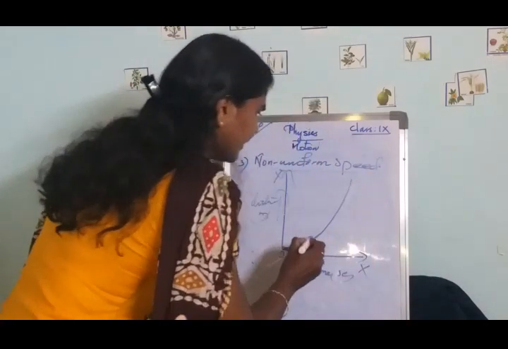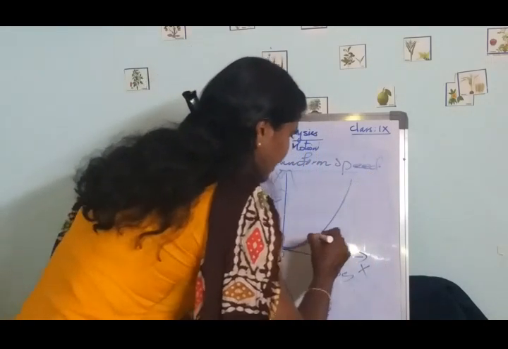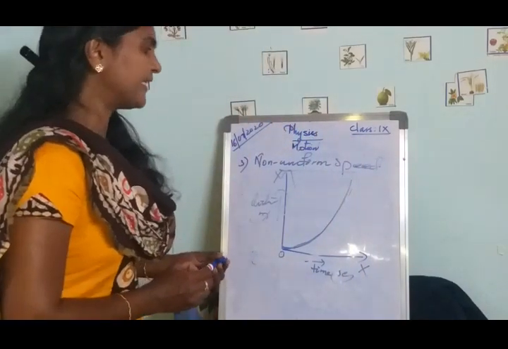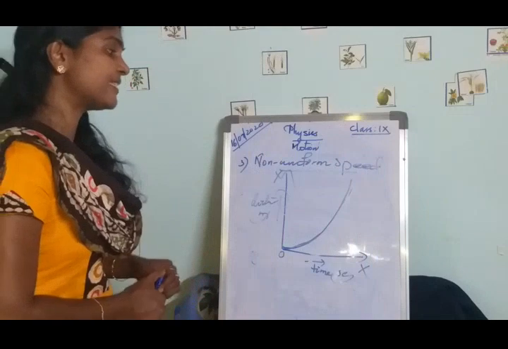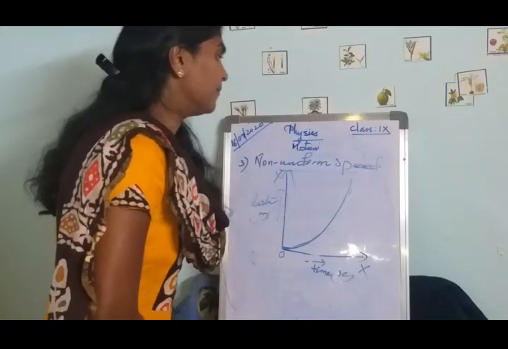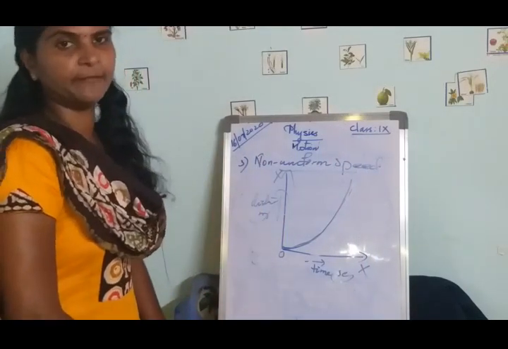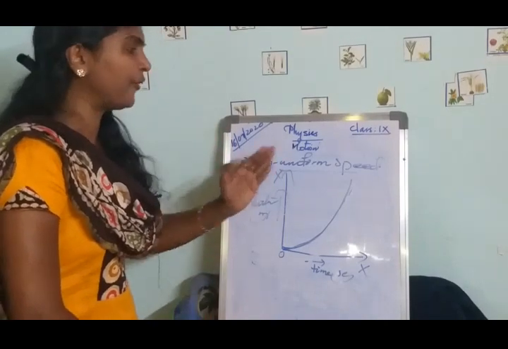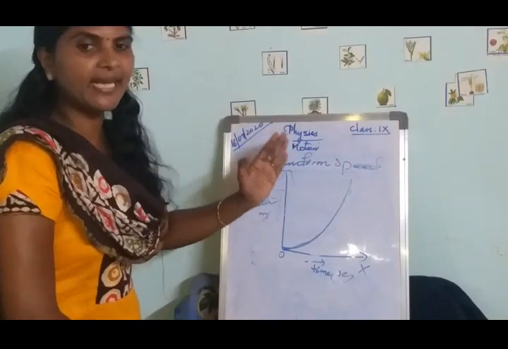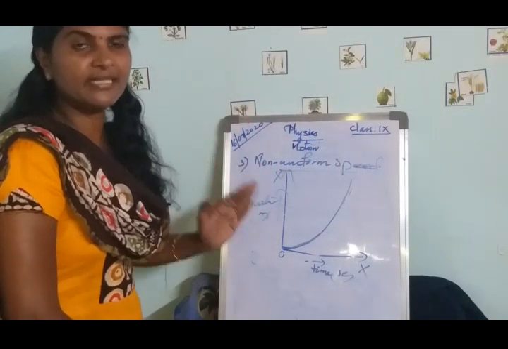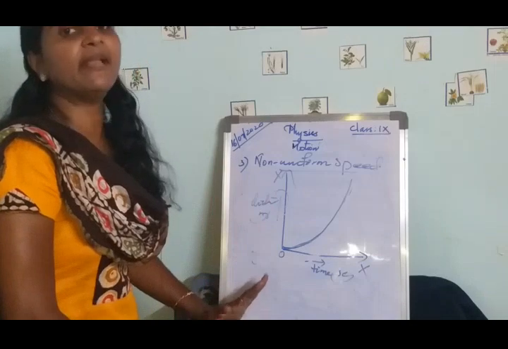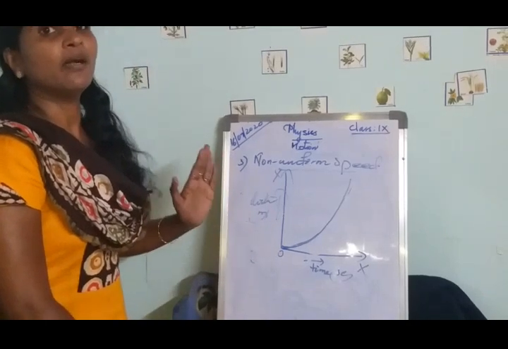This is the representation of the distance time graph for an object moving with a non-uniform speed. What is the nature of the distance time graph for an object in non-uniform speed? It is a curve.